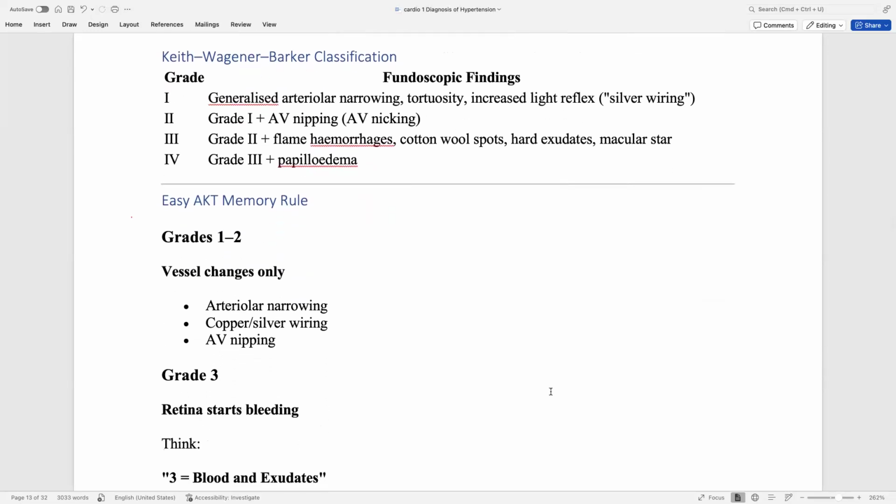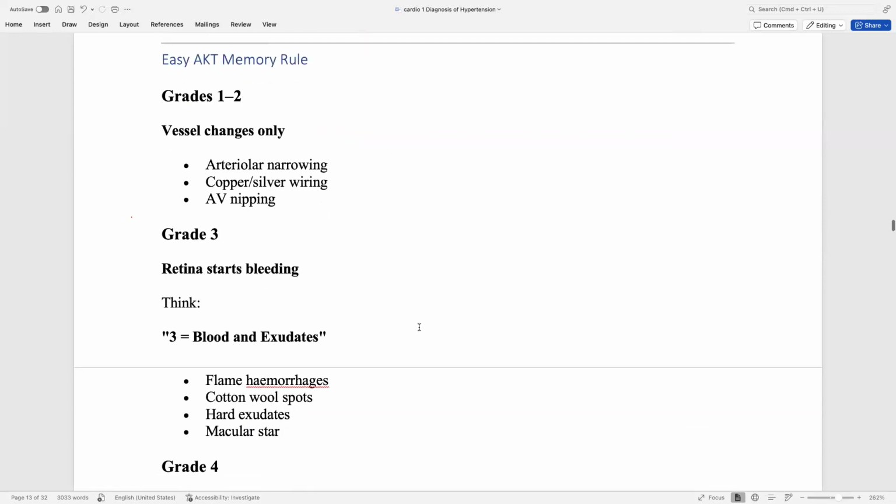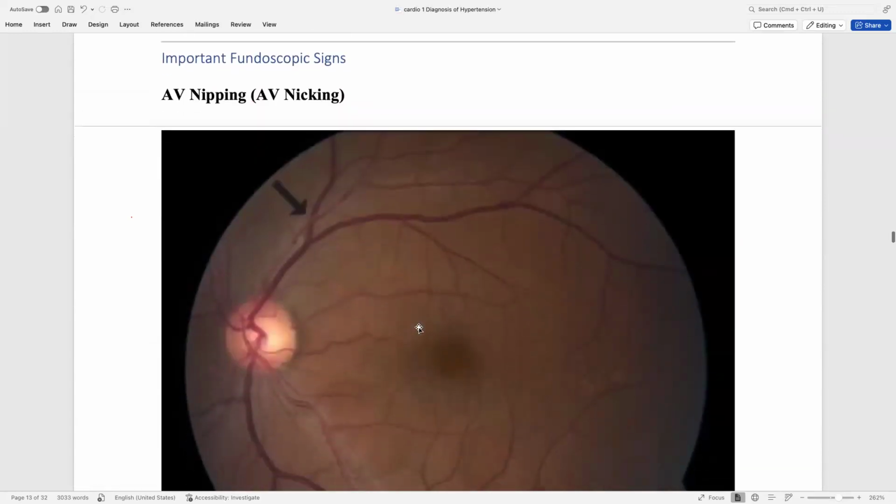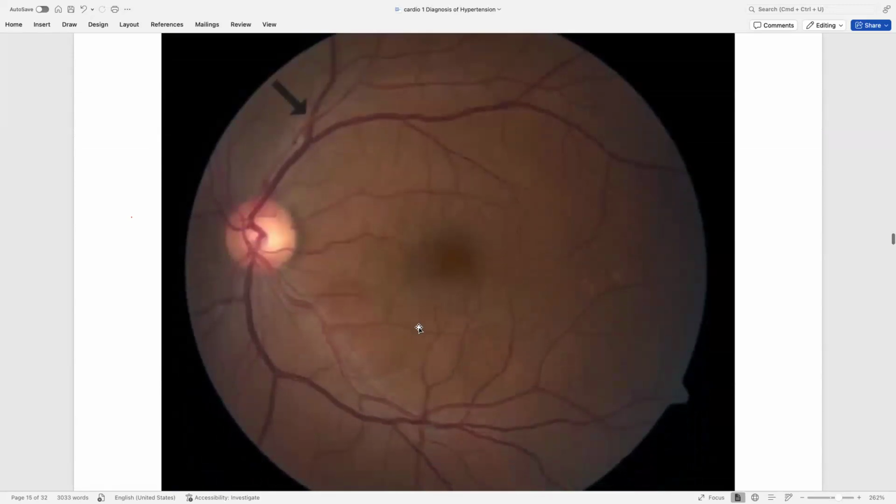Then there is hemorrhage because of high pressure. Hemorrhage from the artery will lead to, other than the hemorrhage, ischemia, which will lead to cotton wool and hard exudate and macular star and then papilledema. So, what is this?